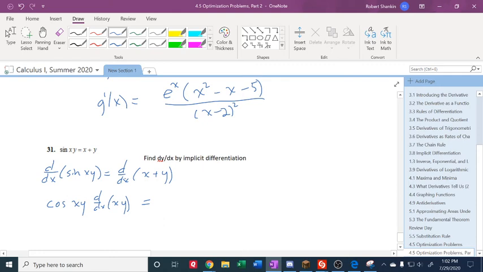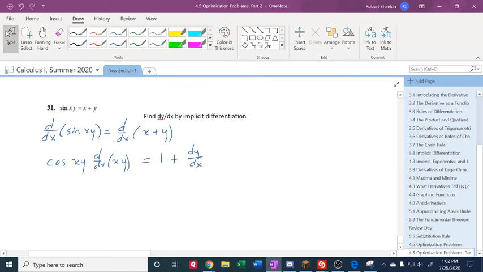And the right-hand side, d dx of x is 1, d dx of y is dy dx. Then this is probably the hardest part of this one. Taking that derivative via the product rule.